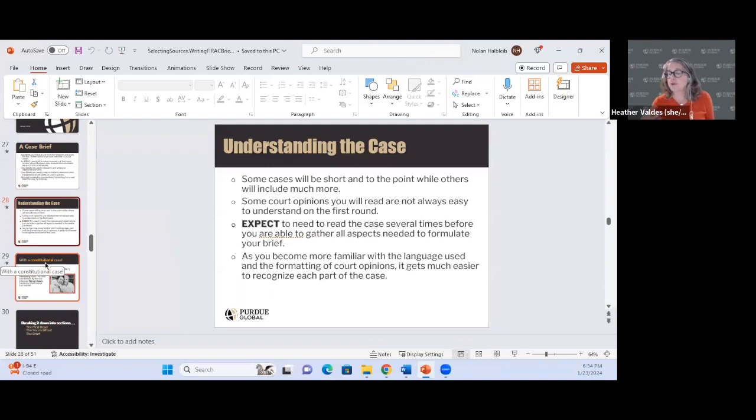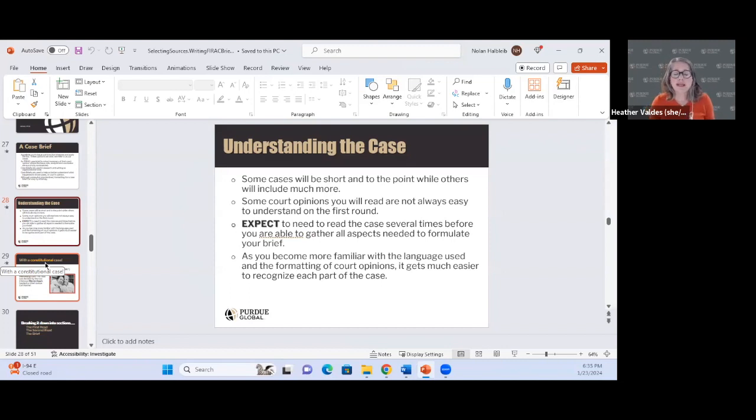As a matter of fact, with Supreme Court opinions, every time I teach the case, I reread it. And when a new case comes out, you have to read it two, three, four, five times. Each time you read it, you'll find something new or some other tidbit within the case itself.